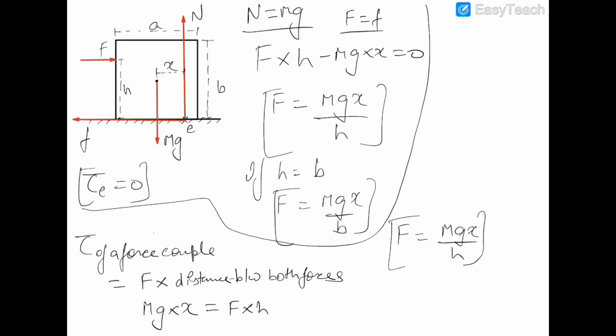We have already discussed for what value of x the block will have the limiting condition. So this is the complete explanation of toppling. And next, in the same video, we are moving forward to numericals. So let's move forward to the numericals based on toppling.